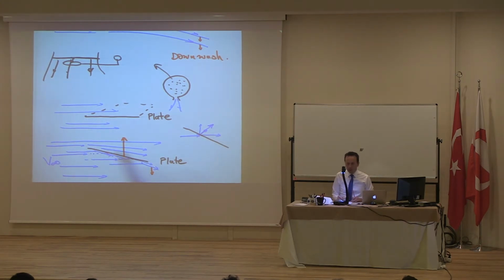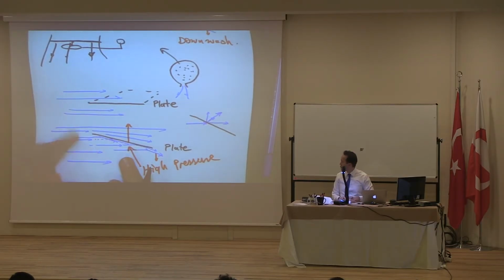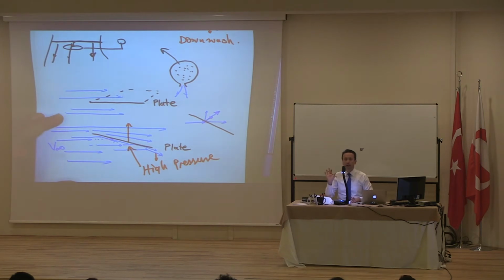So look at the ones on the top. The top particles, they are just moving about the plate, or they come close to the plate. The ones on the bottom, they try to push the plate. They just hit the plate. And here you might also claim, like someone said, there's higher pressure on the bottom, higher air pressure on the bottom, just because it is hitting the bottom of the plate.